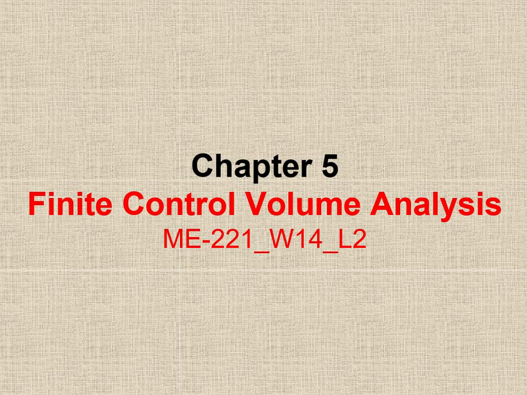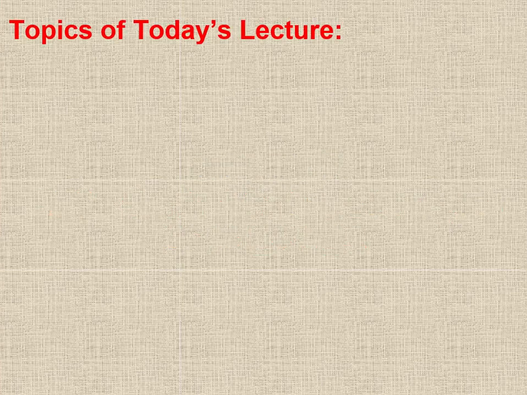We are continuing the same chapter number 5, and we are discussing the second part of the topic conservation of linear momentum, which is the fluid flow through the pipe bends.